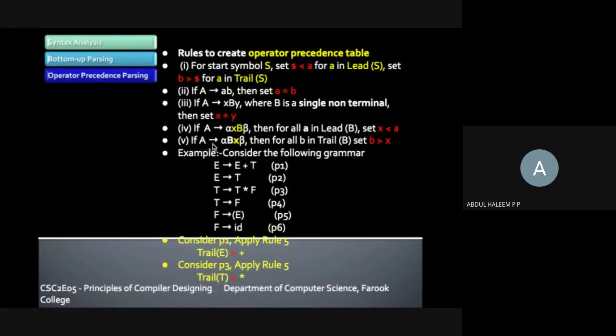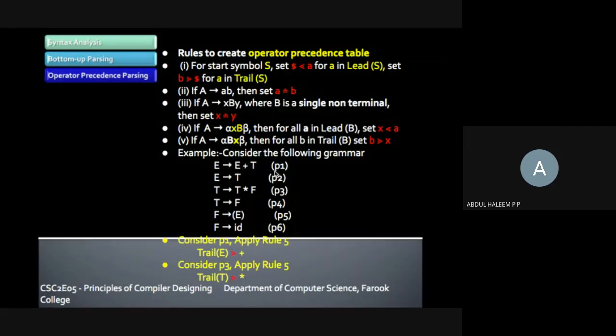Rule number 5. If A derives alpha b x beta. Fifth rule. See here, initially we had x b. Now we have b x. That means a non-terminal is followed immediately by a terminal. Alpha bx beta. See here, bx: B is E, x is plus.